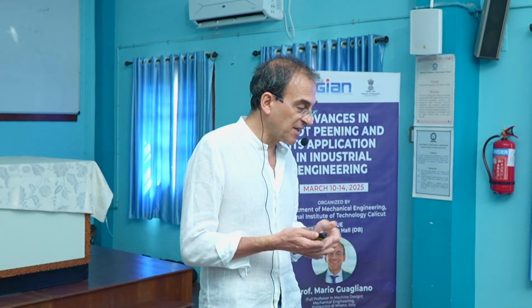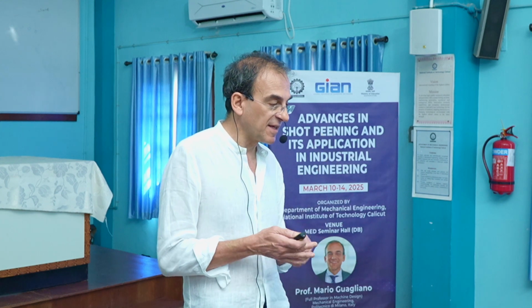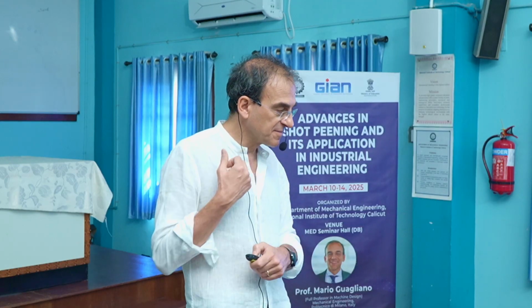The same is confirmed if we consider the T6 heat treatment performed before shot peening. Here are some images taken at the SEM or the confocal that describe the morphology of the surface after these different treatments.